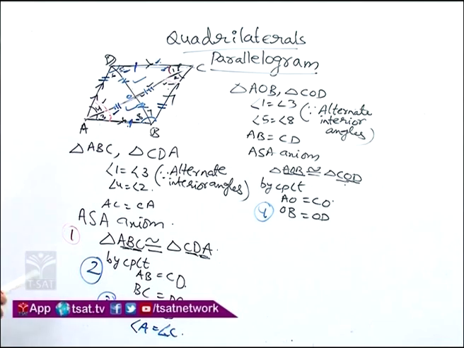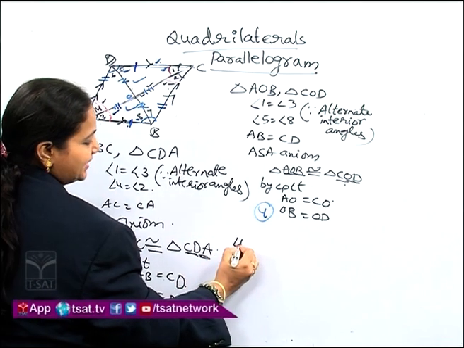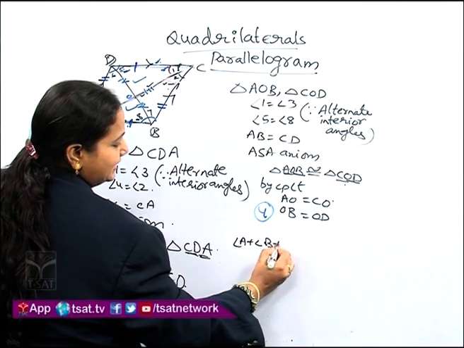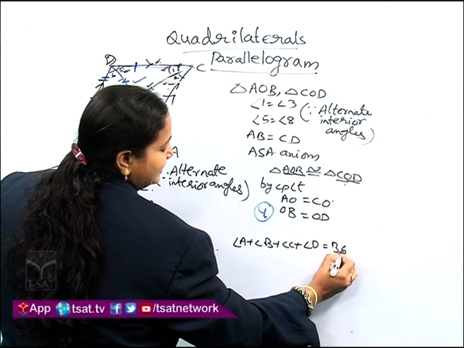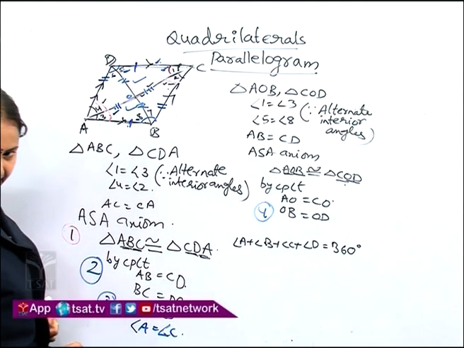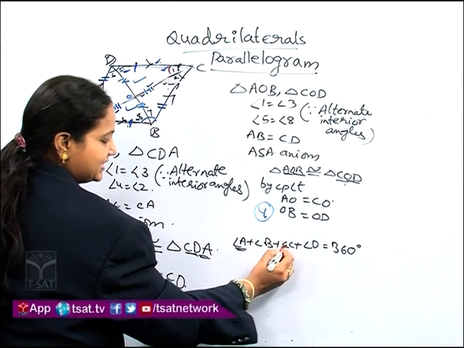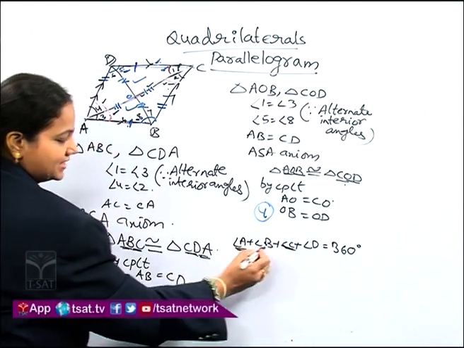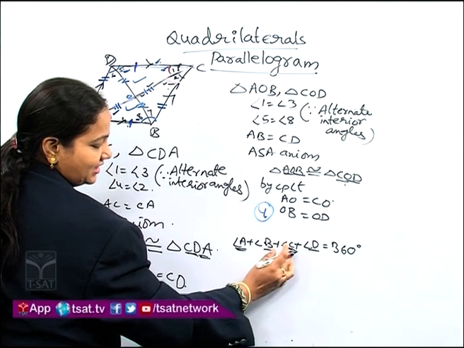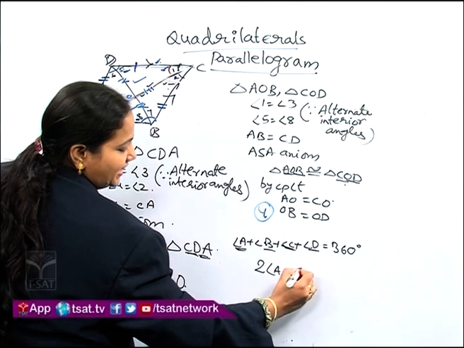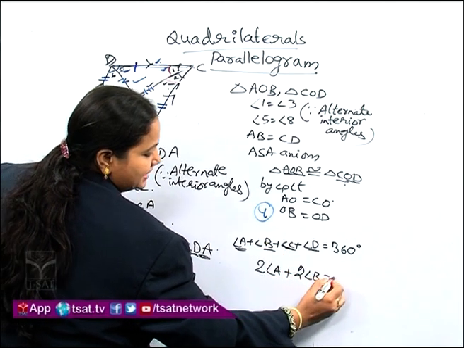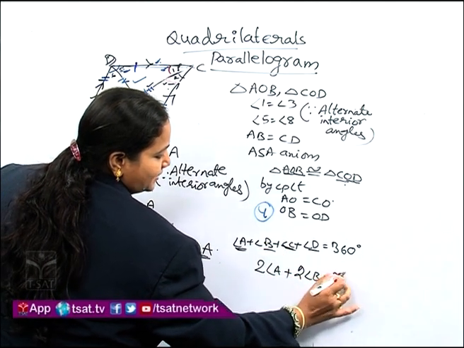And also we discussed that angle A plus angle B plus angle C plus angle D, the sum of the four angles in a quadrilateral, is 360 degrees. So here A is equal to C, and B is equal to D. Instead of A and C, I can write 2 angle A, and instead of B and D, I can write 2 angle B, equal to 360 degrees.